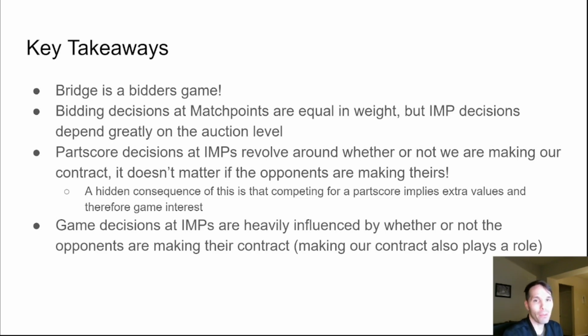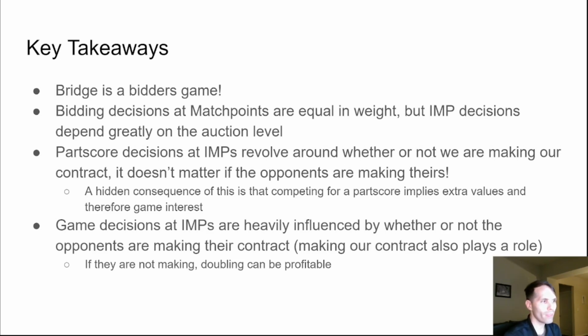But if the opponents are going down, doubling them can be quite profitable. Like, consider the vulnerability. You're pretty certain the opponents are going down in 4 hearts, and you're trying to decide, do you want to bid 4 spades? If they're vulnerable and you're not, the only real losing scenario for you is if they're down 1 and you're making exactly 10 tricks.